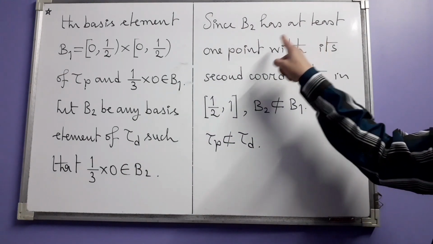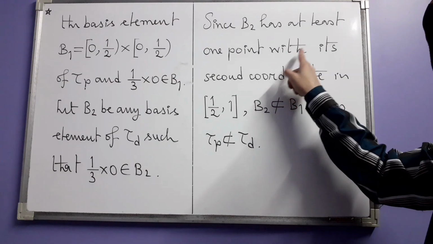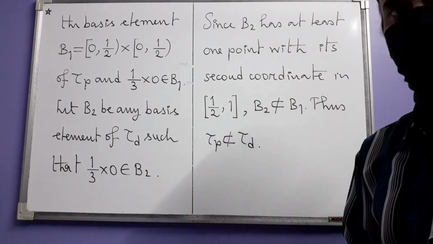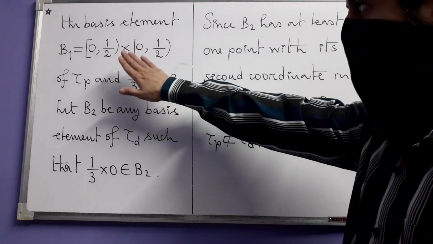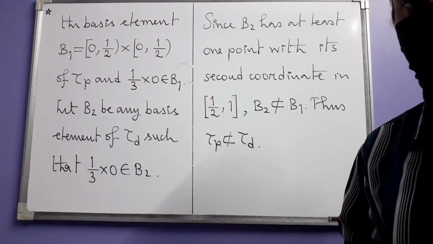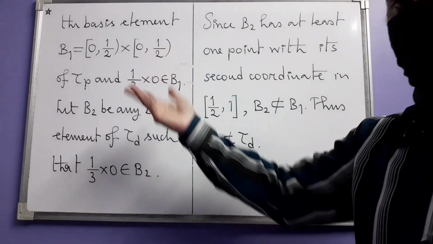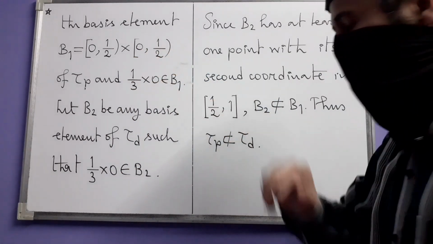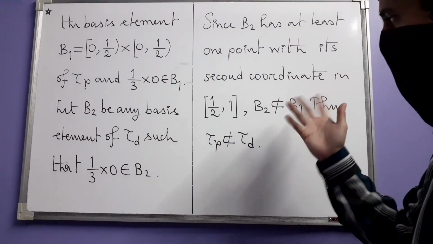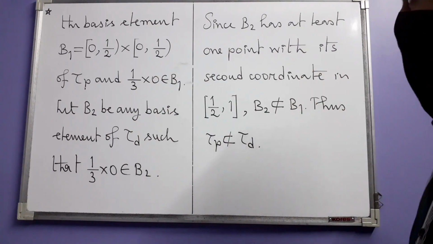Since B2 has at least one point with its second coordinate in this interval, whereas all the points in B1 have their second coordinates in this interval obviously, because that's how the set is, and these two intervals are disjoint, that is why B2 is not contained in B1.